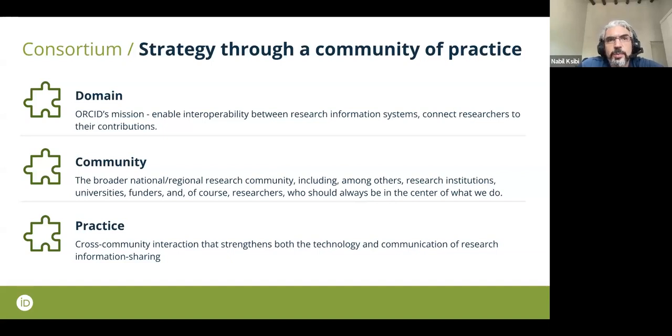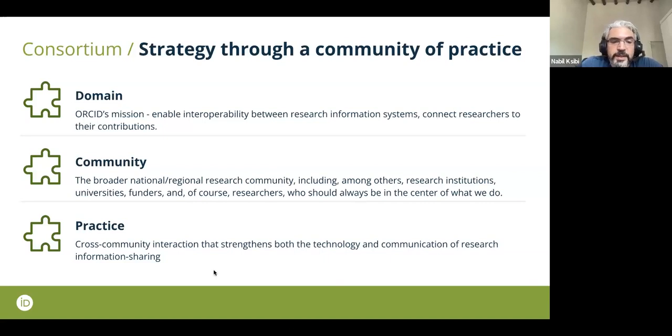We are very open to work with all the stakeholders that are participating in the research and scholarly ecosystem. And as I explained on the previous slides, we work with research institutions, with funders, with researchers, with publishers. So really anyone who wants to get connected to this infrastructure.